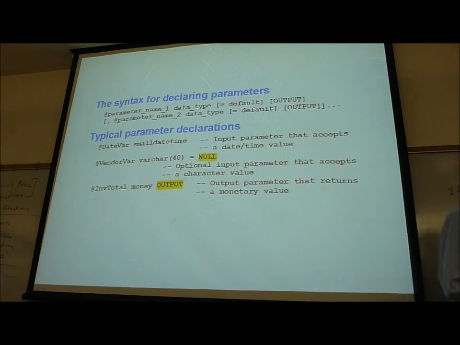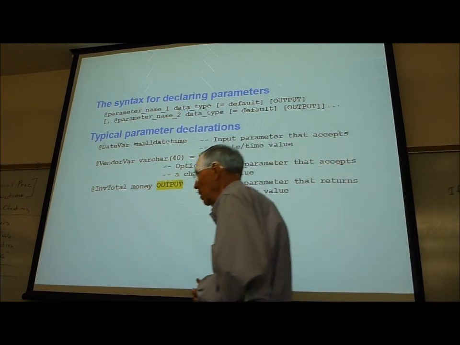I can specify a default value, which is optional. And then also, is it an output variable? If it's not an output variable, then it's an input variable; I don't have to do anything. Most will be an input, and sometimes you'll have one output, sometimes two. It's optional and depends on the application.